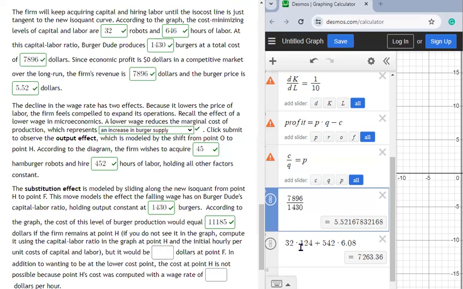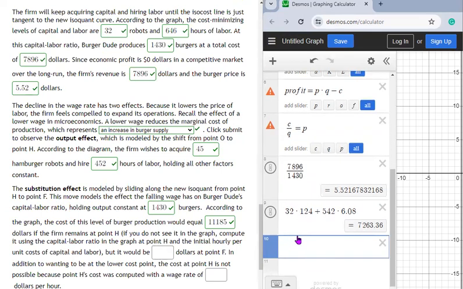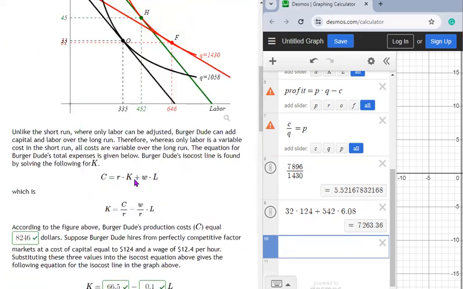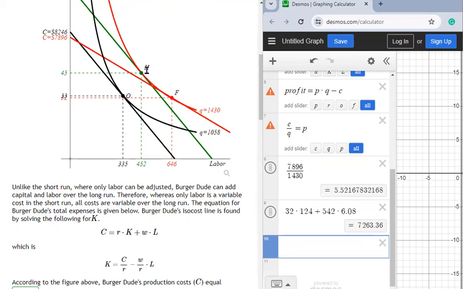Now, if you don't see it on the graph, you can calculate it, right? At point H, which is labeled H because it's hypothetical, we don't really observe it. Labor is 452.